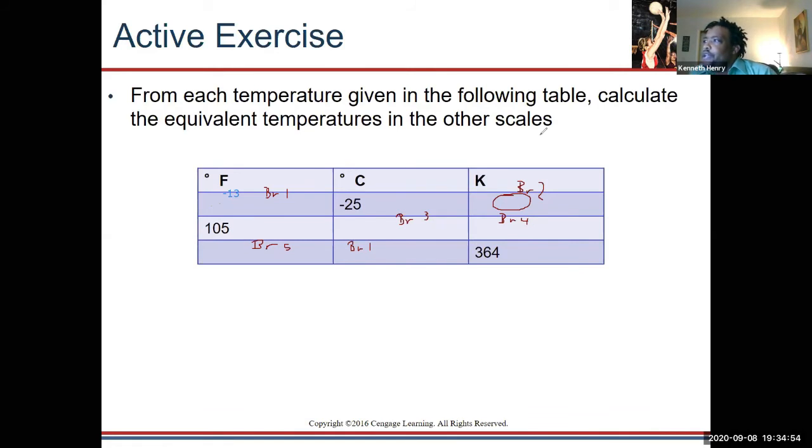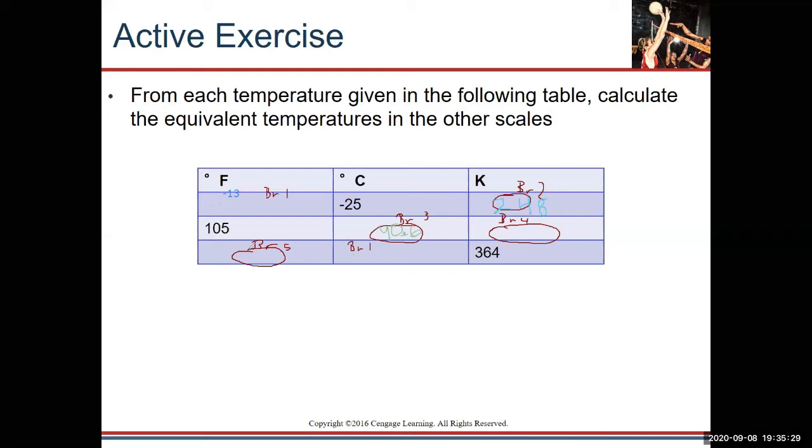Breakout room 3, that's Celeste, Jason, Osman, and Sabrina. Breakout room 4, that's Alan, Brian, Cody, and Maria. Breakout room 5, that's Rocky and Karina. Are we rounding, right? Yep, you can round.